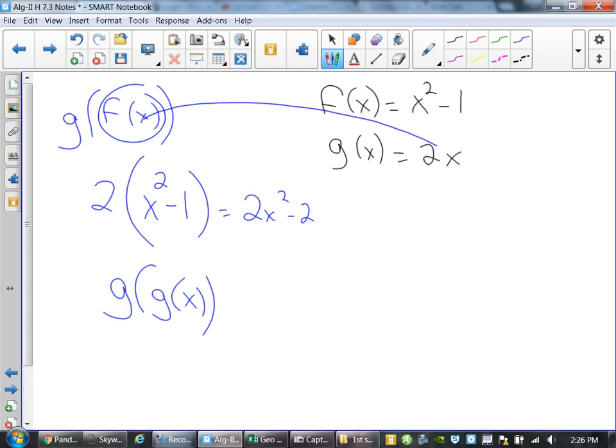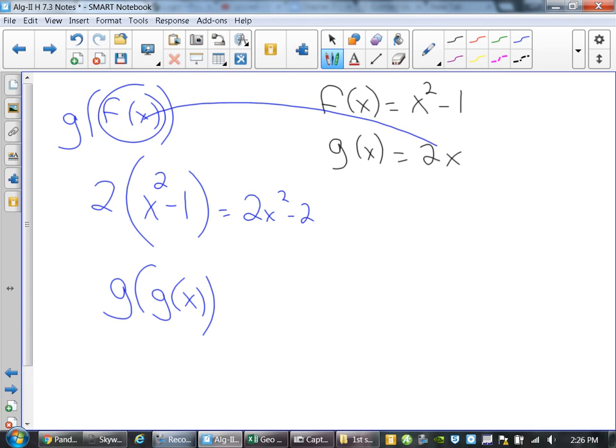Very good. So for the one above, why is it just 2 and not 2x? Because I substitute in for x the x squared minus 1. You're taking whatever's in here and you substitute in for x.